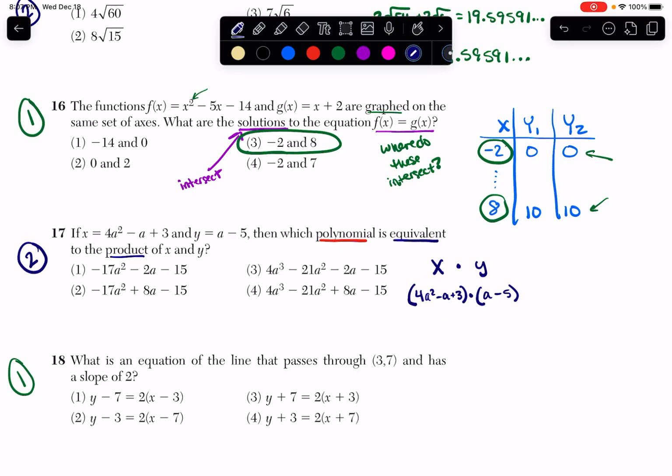It is very fun. I love it. It's called distribution between a trinomial and a binomial. However, for now, if you can manage to write this part, you know that it's product, so you know it's multiply, then you can let your calculator take over. However, to let our calculator take over, we just need to turn all these a's into x's. So I'm going to put this in my y1.